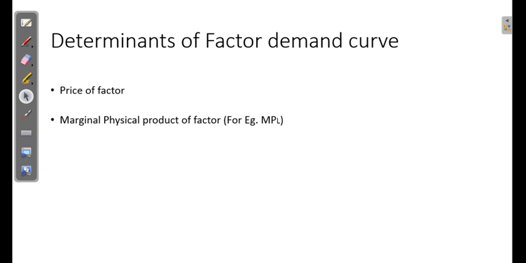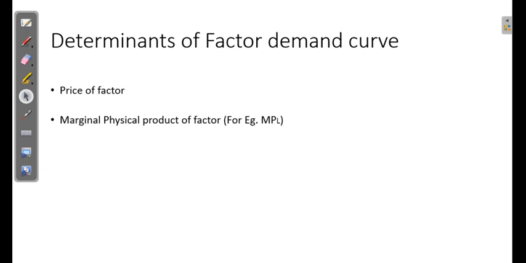The second determinant is the marginal physical product of the factor. This in general is dependent on the production function. You can obtain it by plotting the production function and taking the slope of it. The marginal product of a factor can be the marginal product of labor, of capital, or of land.